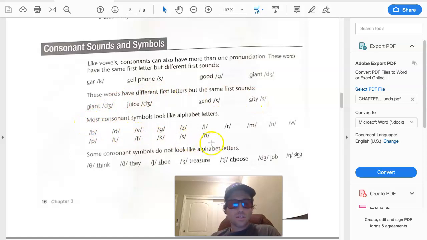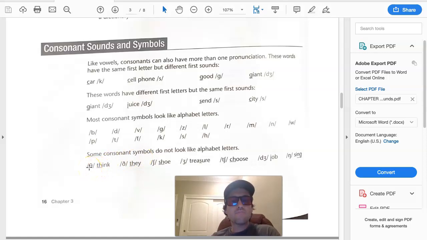Here are your consonant sounds in the English language. Most consonant symbols look like the actual letters in the alphabet. However, some consonant symbols do not look like the letters in the alphabet.